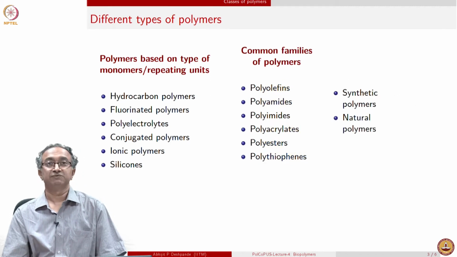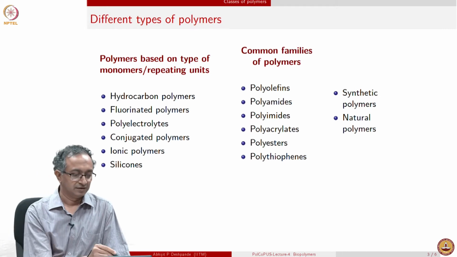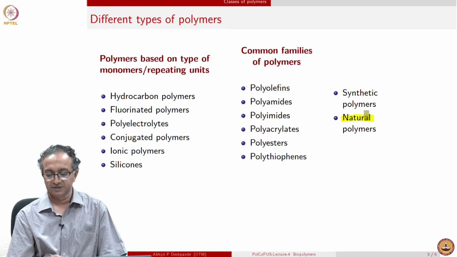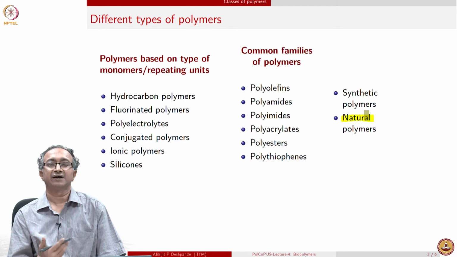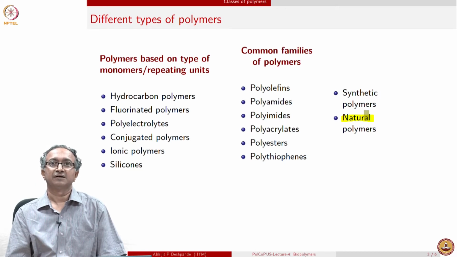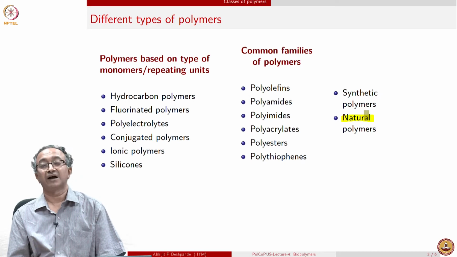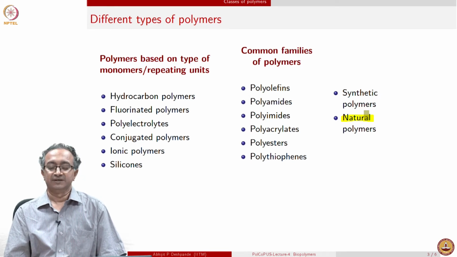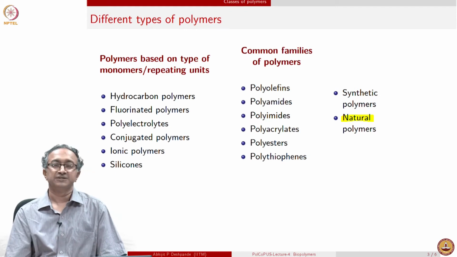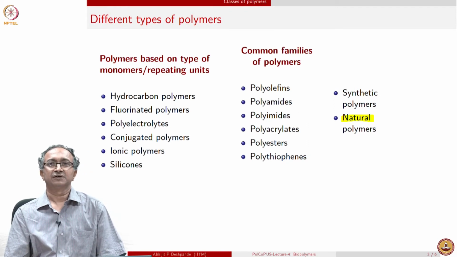We also can distinguish polymers based on what their origin is, and various polymers are called natural polymers because they are made in the biological world, from species such as bacteria to plants to animals, and so they are called natural polymers. And then we also have synthetic polymers which are quite often based on petroleum based raw materials.